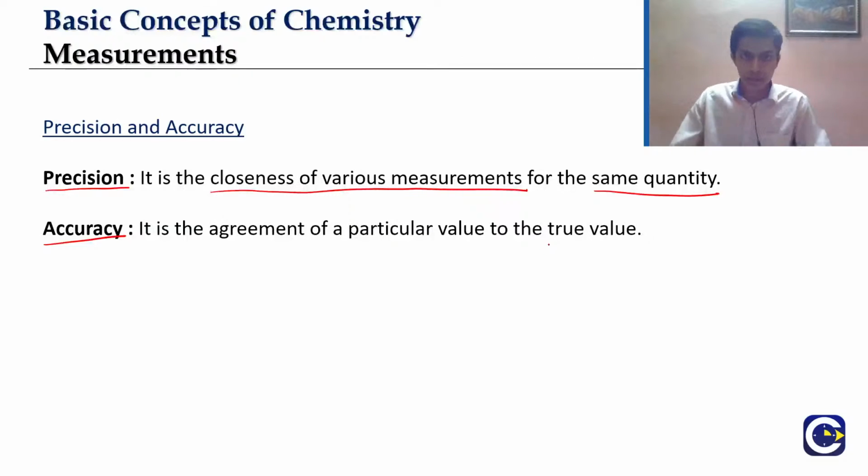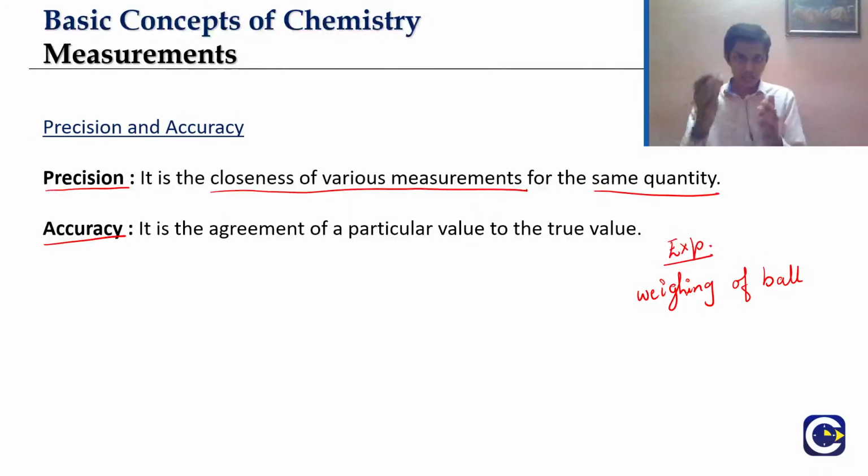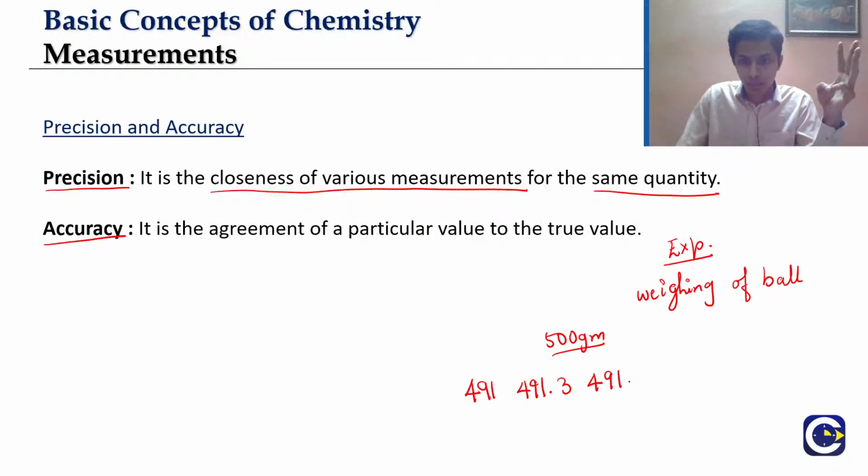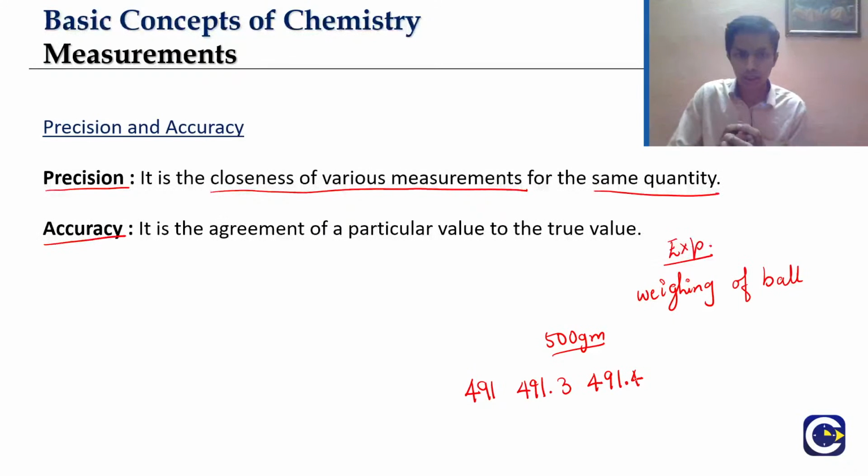For example, if the experiment is weighing of a ball or football, and let's say its exact value is 500 grams, and in three trials you are getting values of 491, 491.3 and 491.4, then all of these are very close to each other, isn't it?